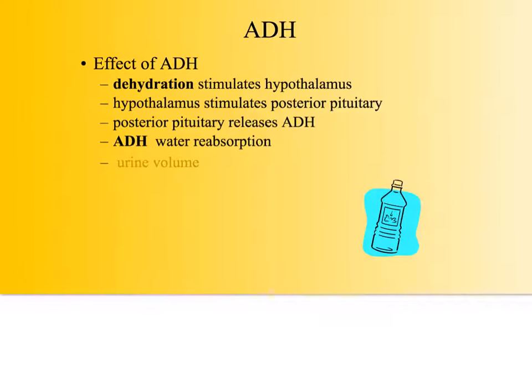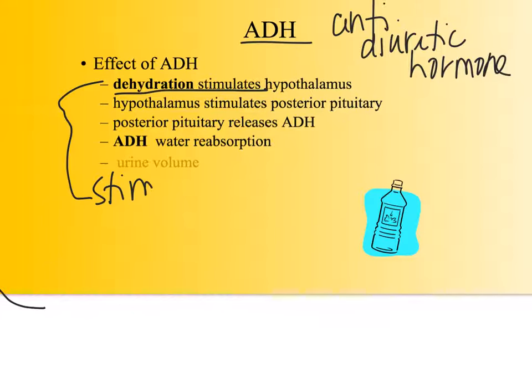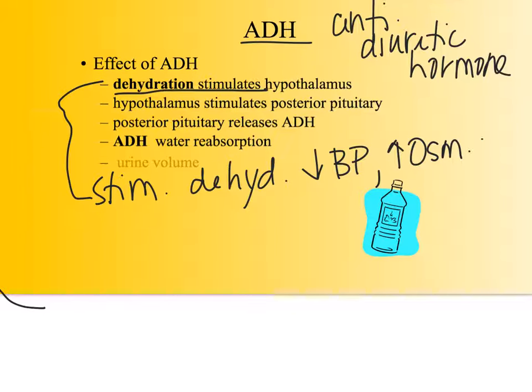Now, the next one. Anti-diuretic hormone is ADH. The stimulus for it is dehydration. If you're dehydrated, essentially, you have a low blood pressure, and you have a high osmolarity of the blood.